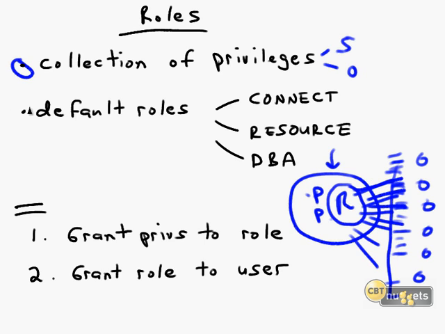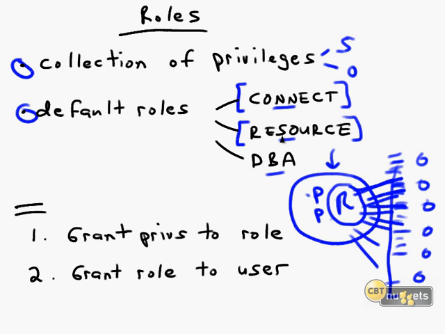Now, Oracle gives us a number of default or built-in roles. The 3 standard ones that you need to know for your test are Connect, Resource, and DBA. And they go from soup to nuts. Connect grants only the ability to log into Oracle. You can't see any object, you can't select any object, you can't do anything but log in. Obviously, we're going to need that role, but it's limited in terms of what you can do beyond connection.